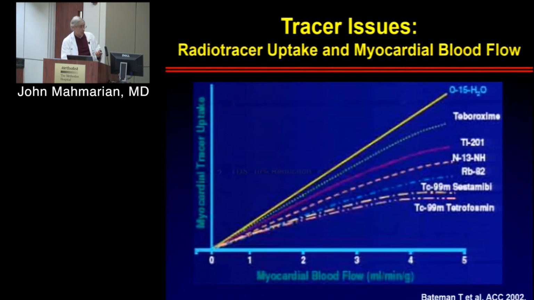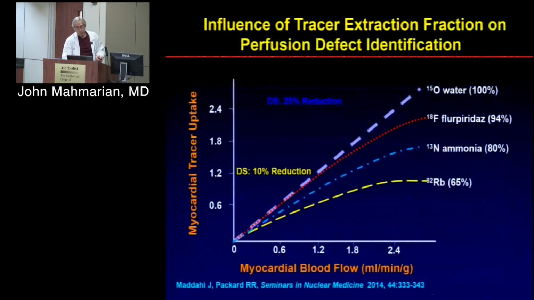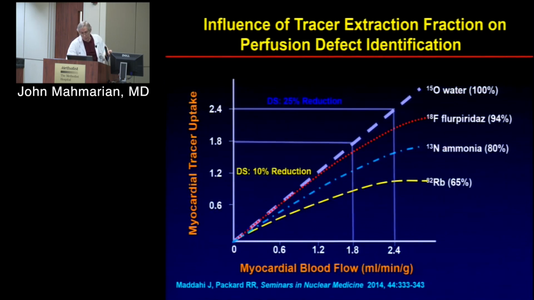Okay? Here's an example. This is with O15 water. So if you have a 2.5 increase in flow from rest to stress, you will identify that absolutely the same because of the linearity of the uptake of O15 water.